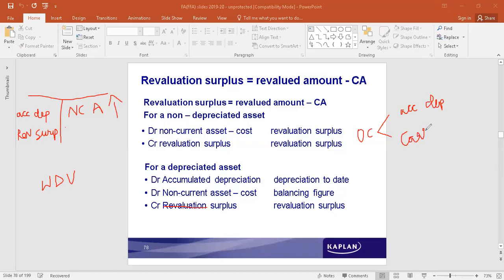Both of them would appear on the debit side, and the sum total of these two together is the asset. So when the asset is revalued, whatever the revaluation surplus is, we add it to the non-current asset, but we also bring the accumulated depreciation into the picture. The revaluation surplus would be added to the carrying value of the asset. That's the journal entry passed when the assets are revalued, adjusted according to the market value.